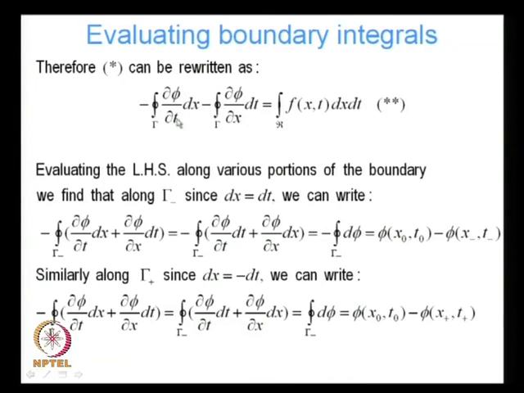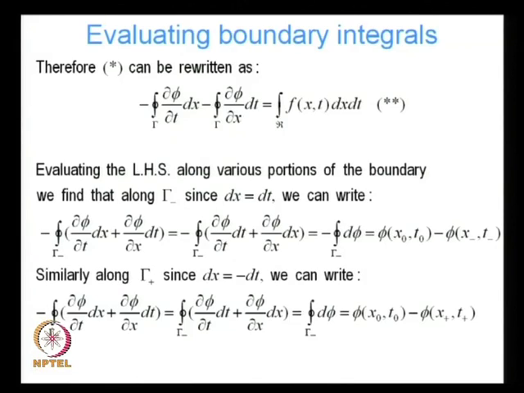Basically, I can replace dx by dt along that line. So, I get del phi/del t dt, and del phi/del x dt I can replace by dx. And if you look at this, what is it? It is nothing but the total derivative of phi. So, that is nothing but d phi.